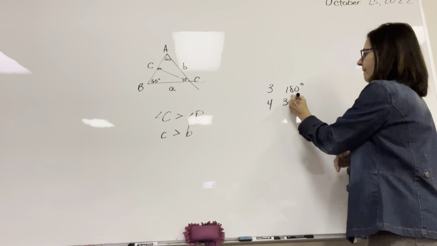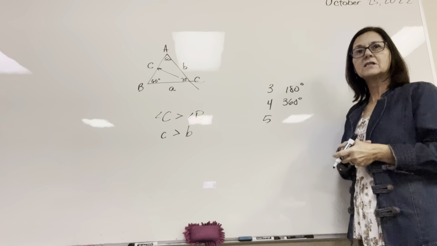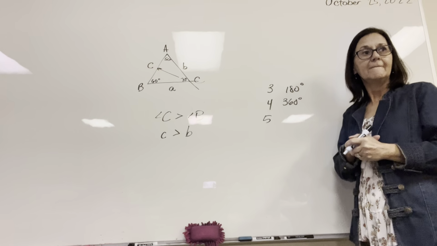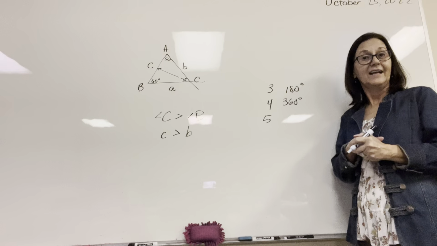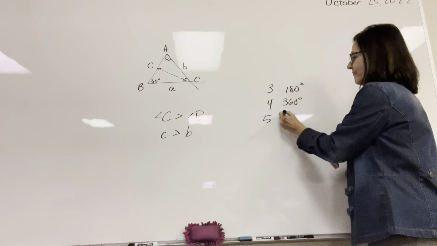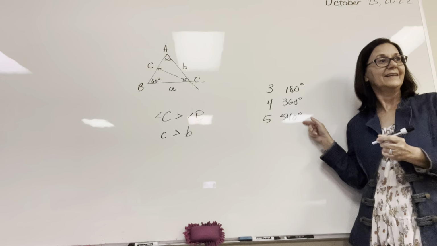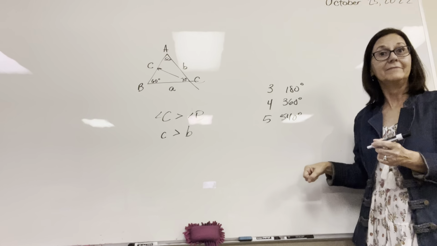If I have 5 sides, what's the sum of the interior angles? 540. How did you get from 4 to 5? I added 180. You're just adding 180 each time.